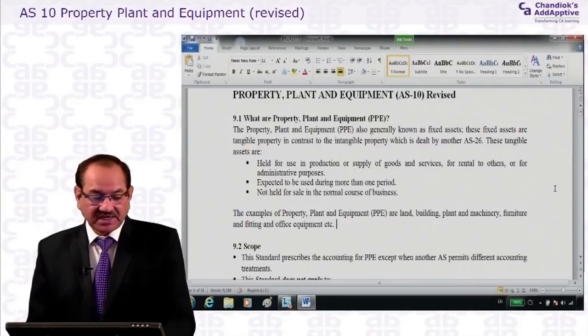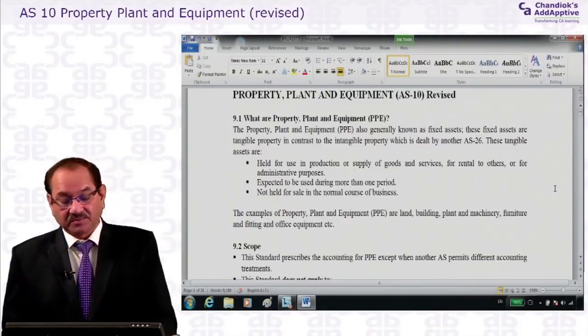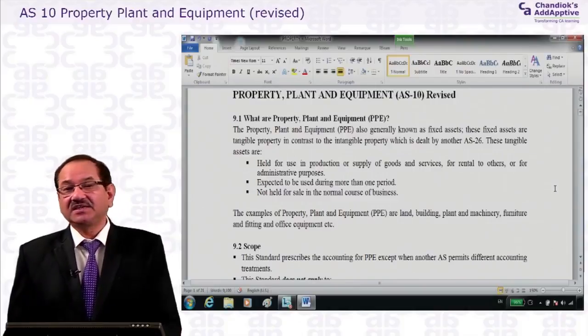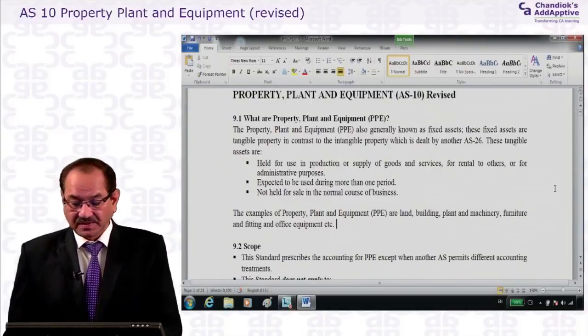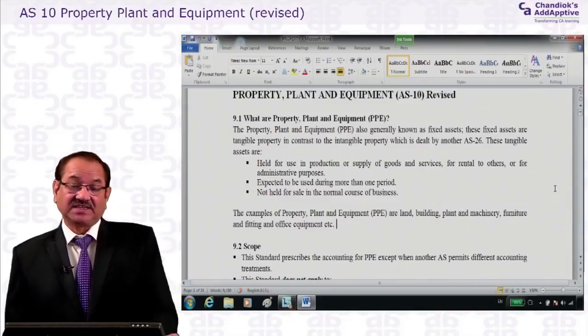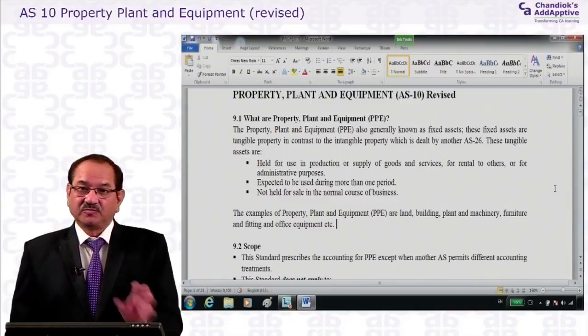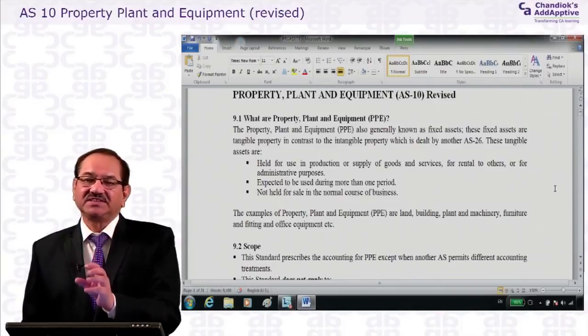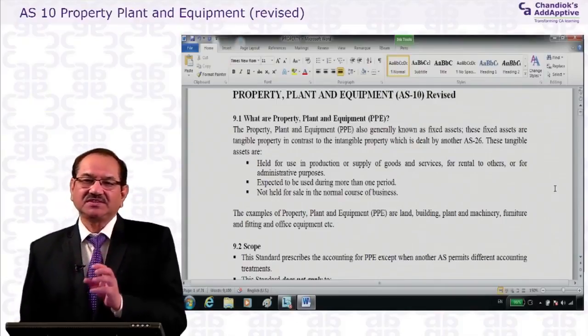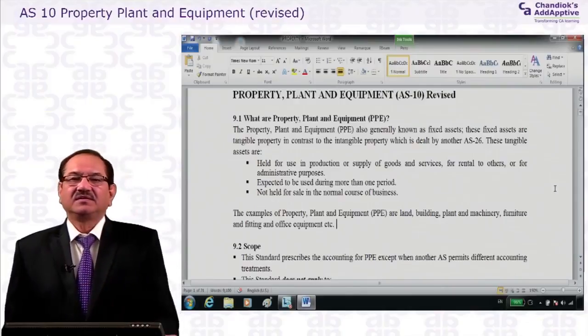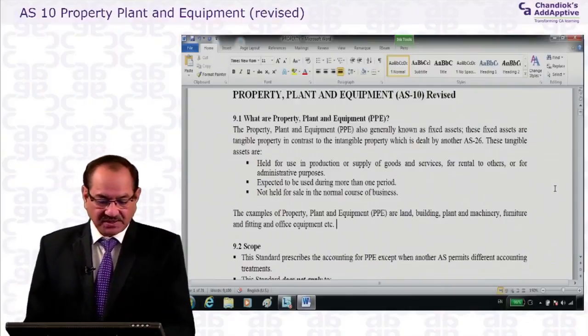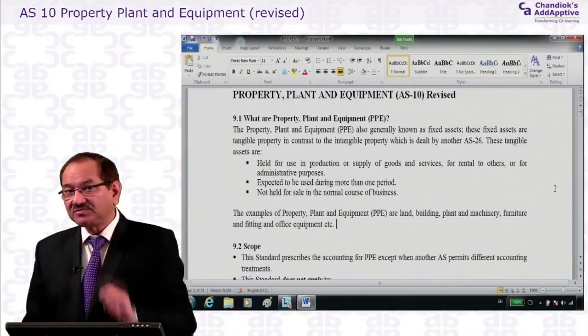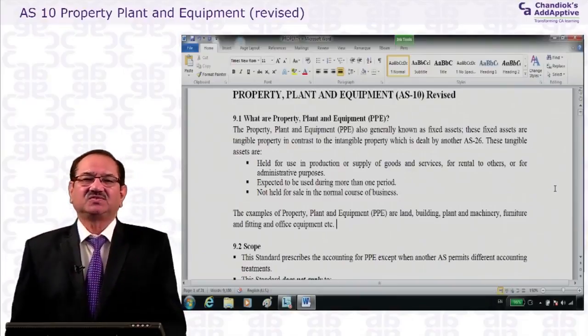These fixed assets are tangible property, in contrast to intangible property, which is dealt with by another standard, 26. What I want to tell you is that it is the same. The name has been changed. We were calling it fixed assets, now we are calling it property, plant and equipment. And the definition of the fixed asset which was given earlier is the same here also.